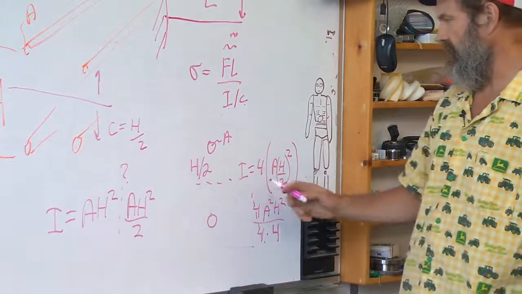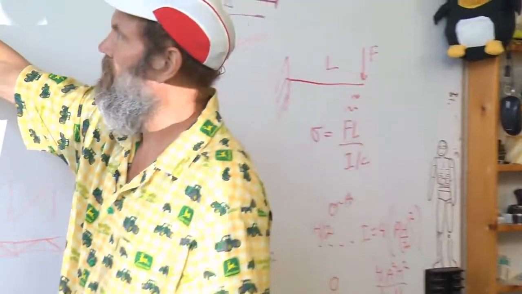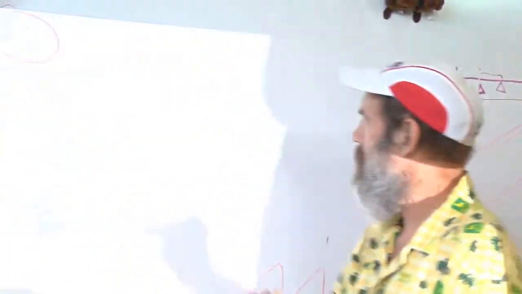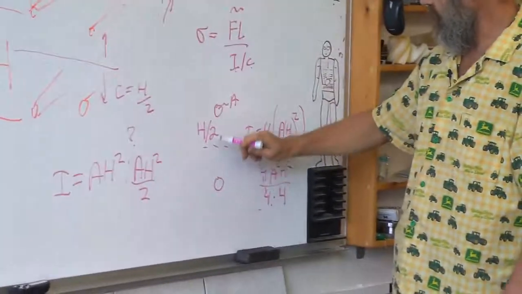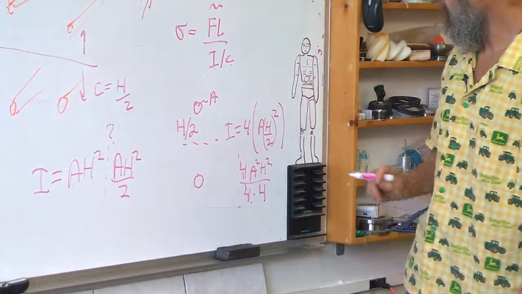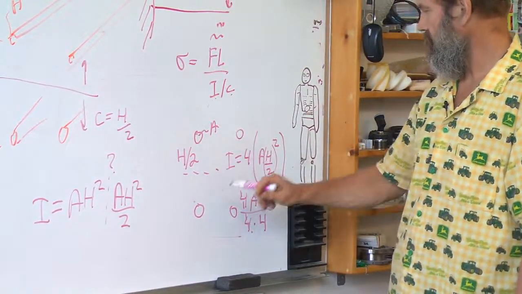Okay, how many people came up with, using the neutral axis theorem, the distance from the neutral axis to the area is h over 2. There are 4 of these chord members.